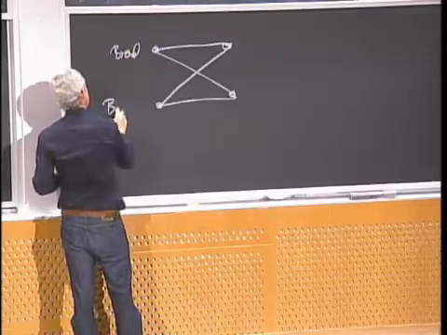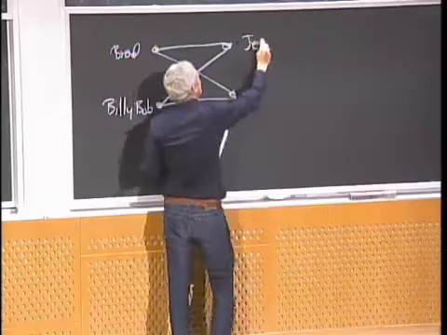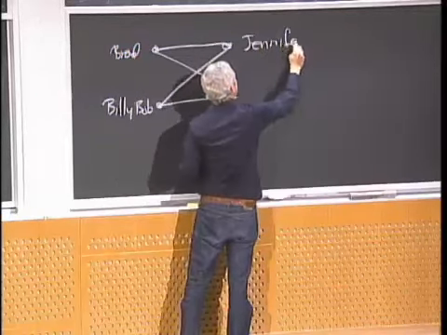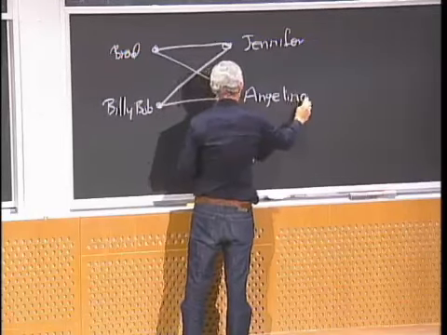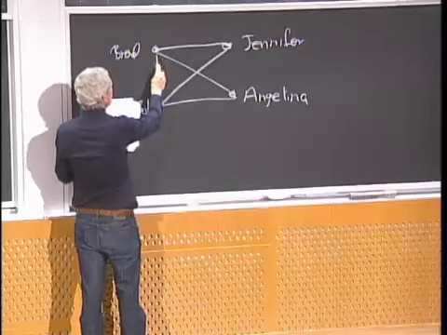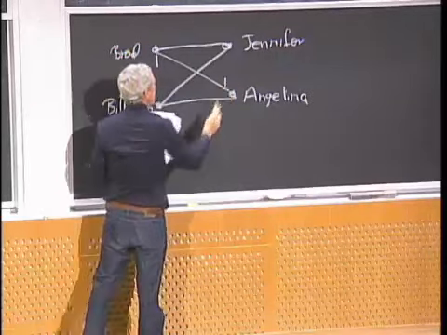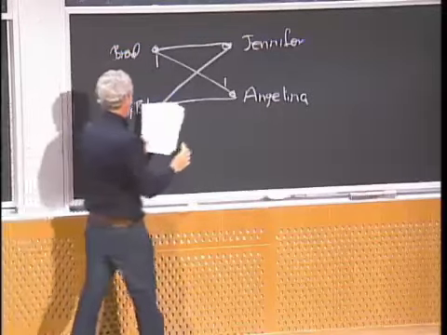So Brad, Billy Bob, Jennifer, and Angelina, same players. But what we do is we know that Brad really likes Angelina, and Angelina really likes Brad, so they're first choices. At least it was.